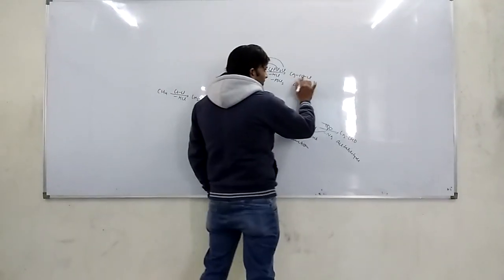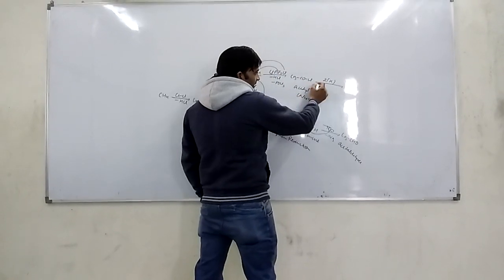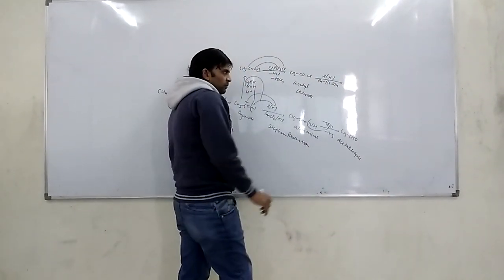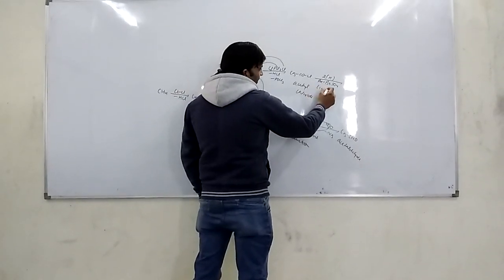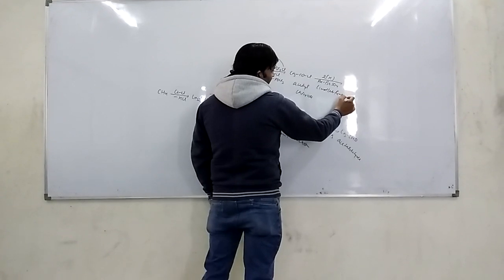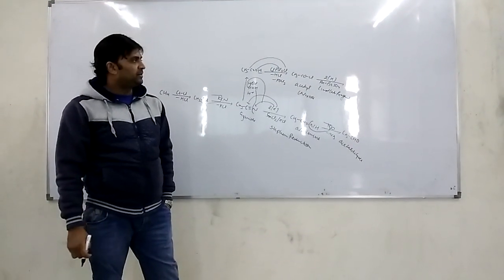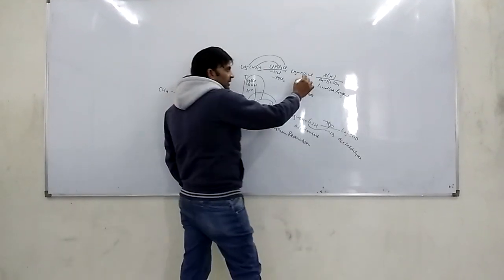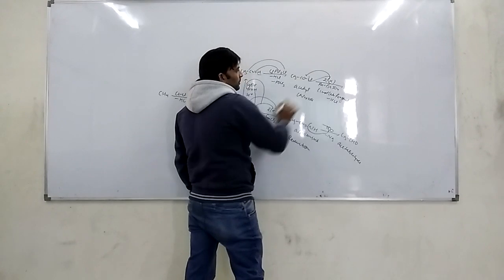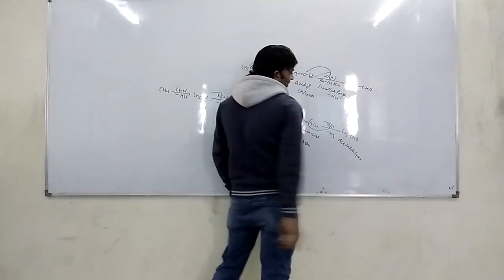Now if this acetyl chloride is reduced in the presence of palladium and BaSO4, you know this palladium and BaSO4 is known as Lindlar reagent. This is the reducing agent, the mixture of palladium and BaSO4. It will release HCl. In this way, hydrogen occupies the position of Cl and it is converted into CH3CHO.